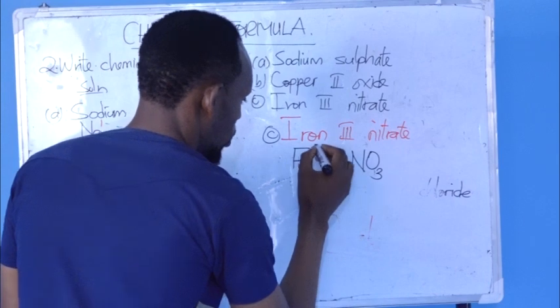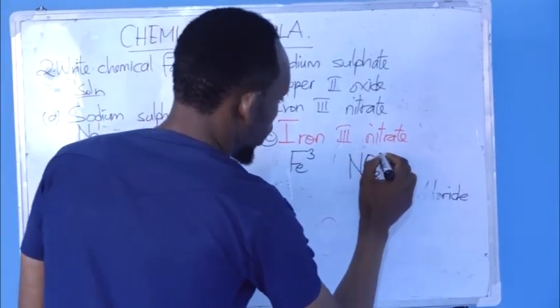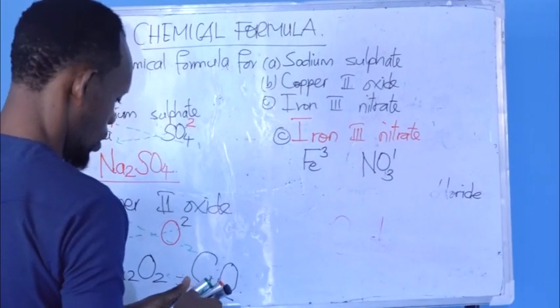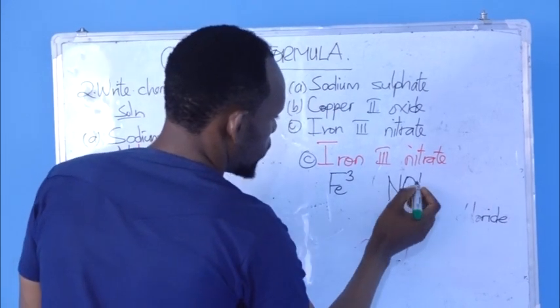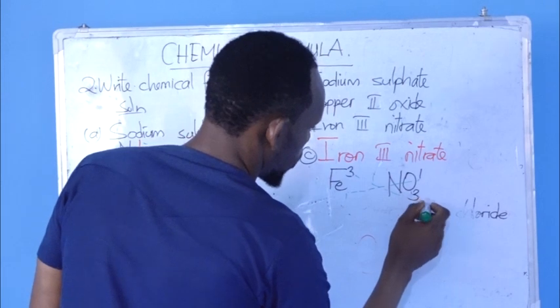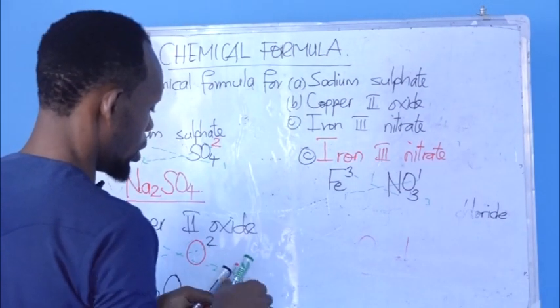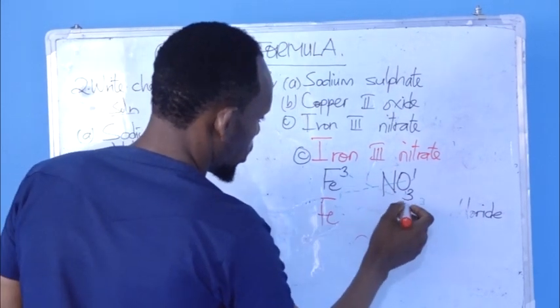It is 3. What is the valence of nitrate? It is 1. Then interchange the valences. The 1 comes there, and the 3 goes there. So we are going to get iron 1, and 1 is assumed.